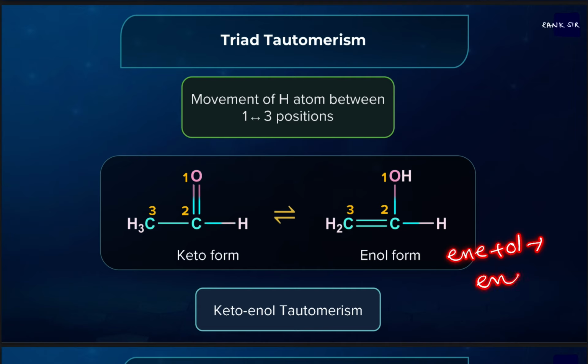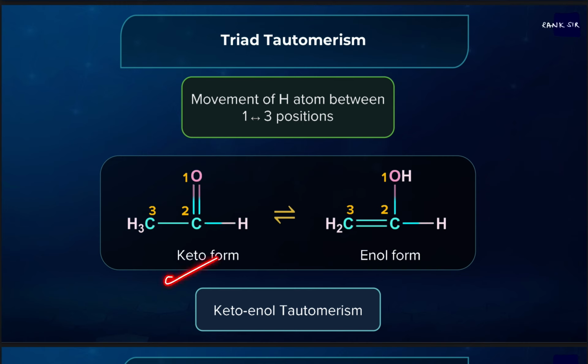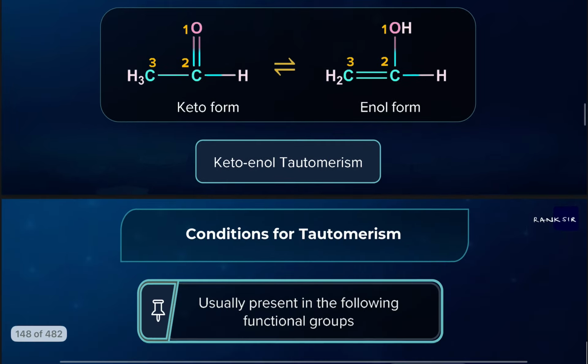This gives enol: keto form and enol form. In that, the keto is major and the enol is minor, because carbon double bond carbon, this one, and carbon double bond oxygen, this bond is stronger and this bond is weaker. Therefore, the keto form is more stable than the enol form. That's why the enol is a very minor form.